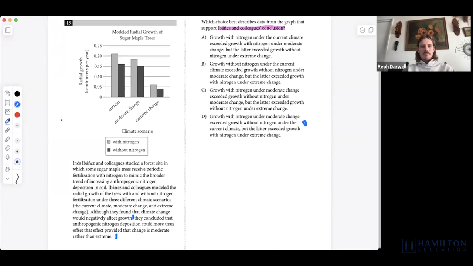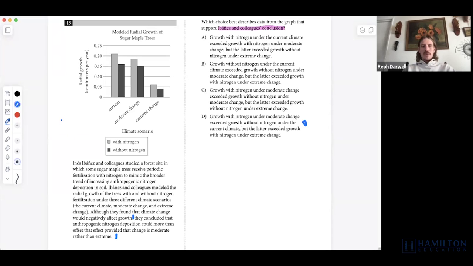All right, so basically they were studying this general thing about whether adding fertilizer or not adding fertilizer would be beneficial to trees depending on how much climate changes over the time frame of adding that fertilizer, right?